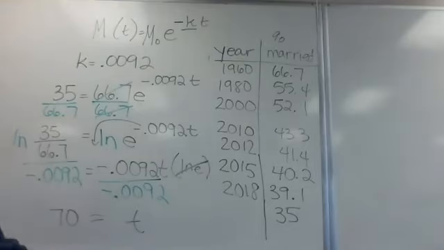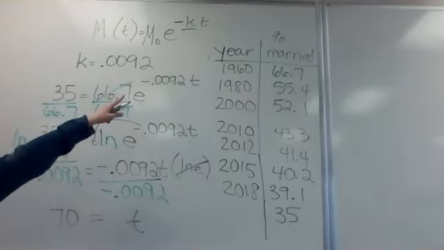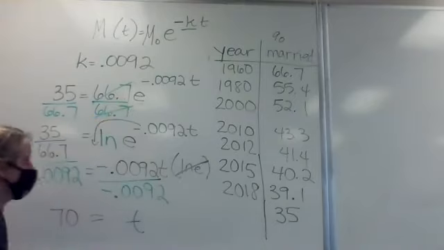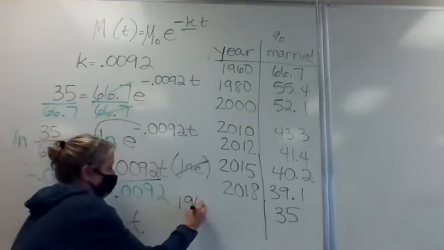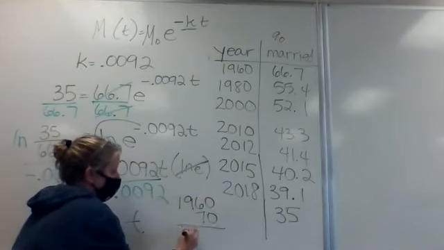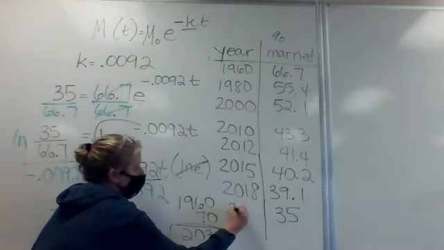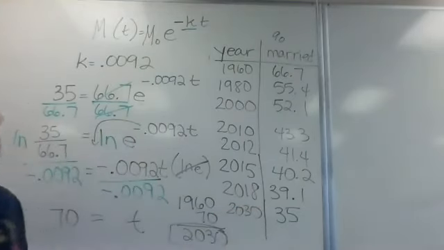What does this mean? That's 70 years after 1960. Which gives me 2030. So 2030, if it continues to decline at the same rate, is when the percent of adults married will be 35%.